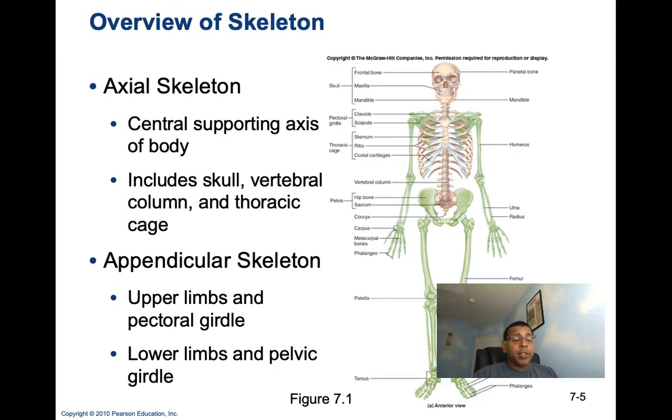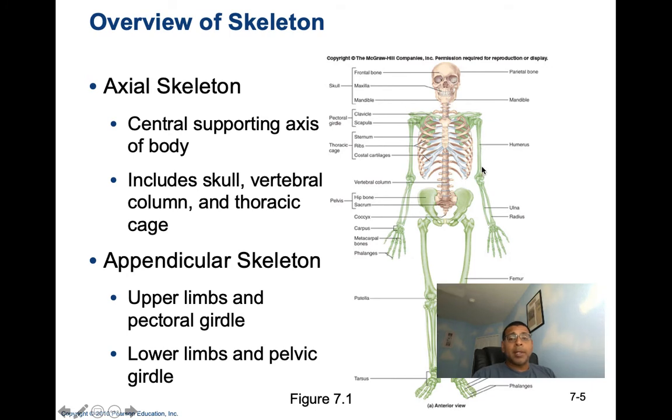And the function of the axial skeleton is protecting, supporting, and carrying other body parts. And you can see it forms basically this central aspect. So right inside of here, in brown, you can see is all axial skeleton.